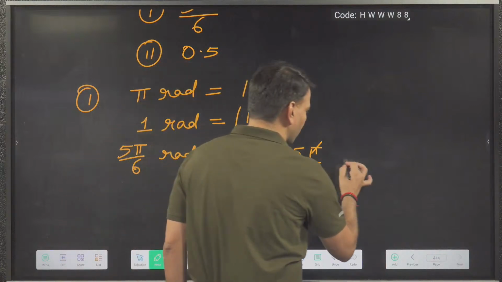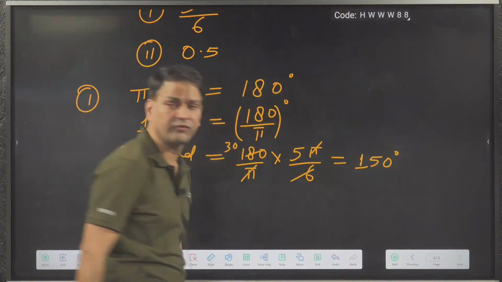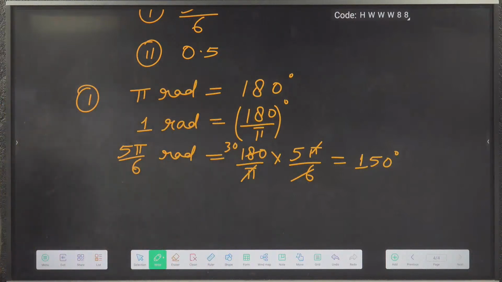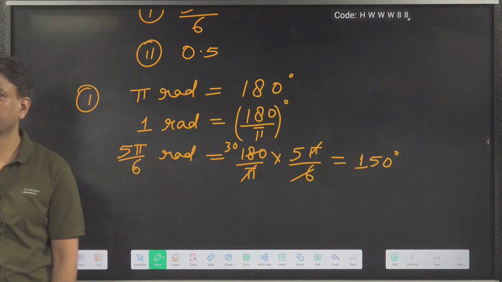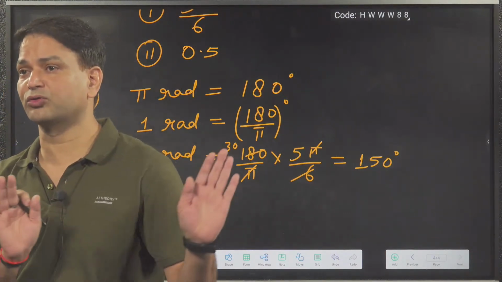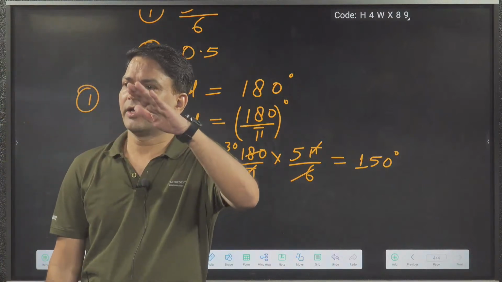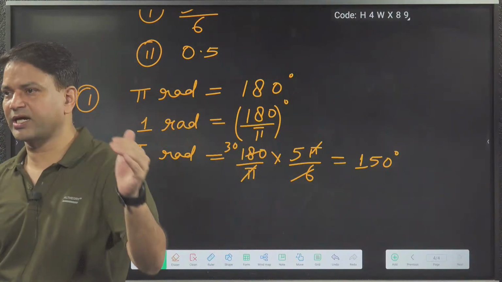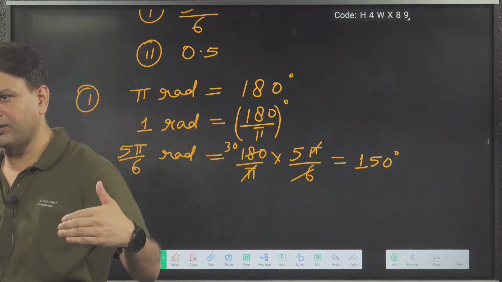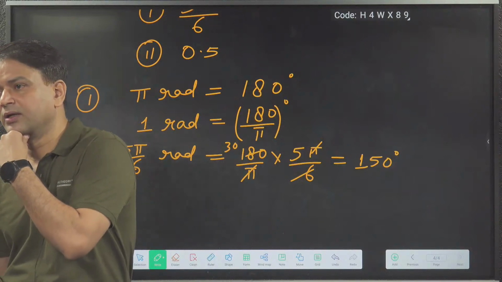Then what we got? 150 degree. Everybody got? That is the procedure if you forget everything. This relation you have to remember: pi radian is equal to 180 degree. If you are going from degree to radian, first write the degree. Then for 1 you will write. Then whatever they are asking, according to that you can find.